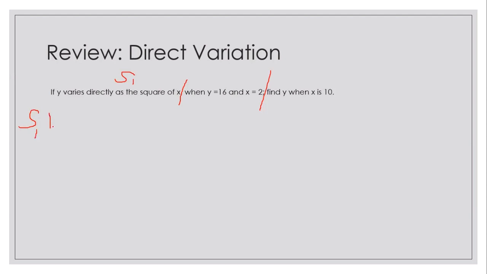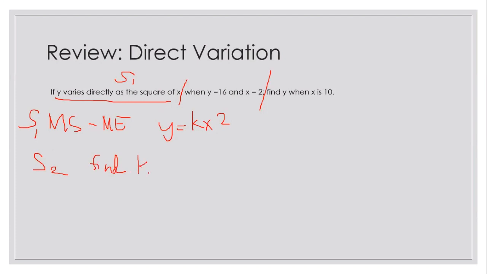So we translate mathematical sentence into mathematical equation. So y varies directly as the square of x. So we have y is equal to kx squared. Then step number 2 is to find k, or the constant, when y is equal to 16 and x is equal to 2.